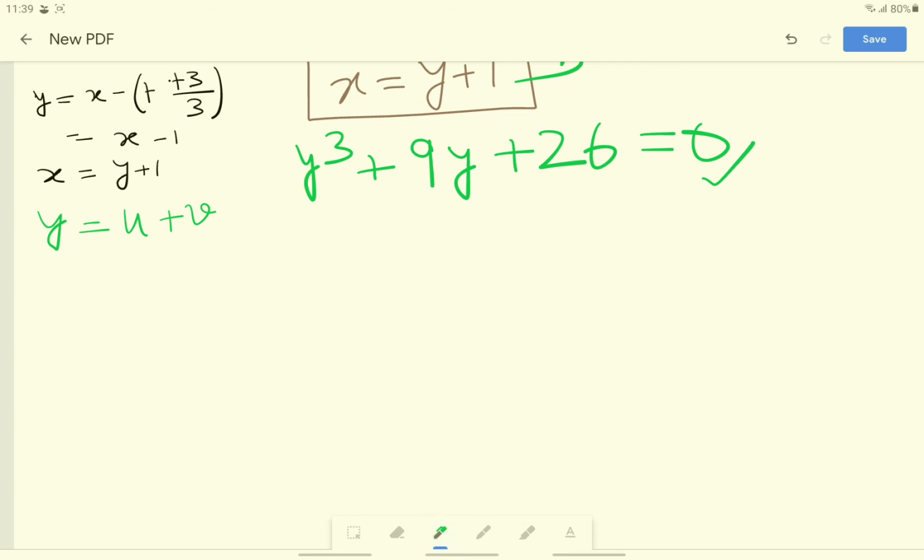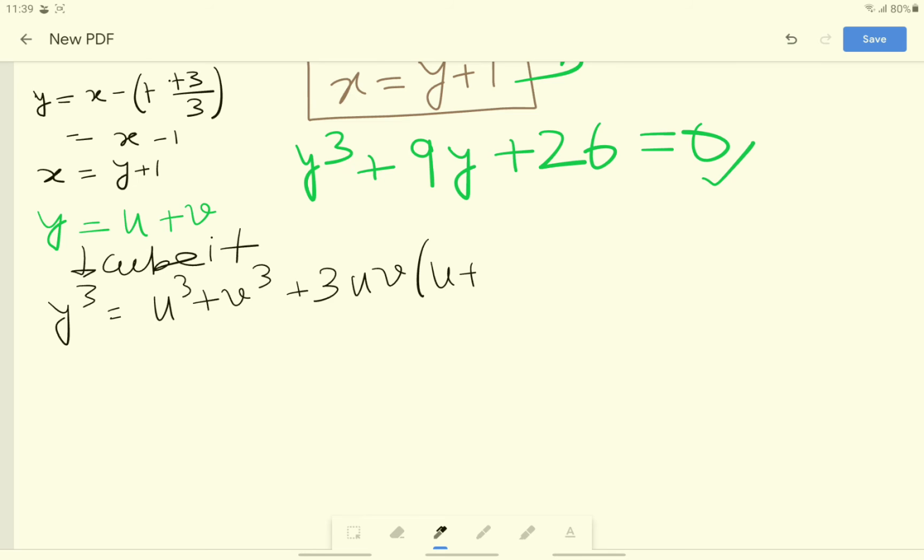We have two assumptions here, and then we will just cube it. y power 3 equals u power 3 plus v power 3 plus 3 times uv, u plus v. Now we have u plus v, which is already taken as y.